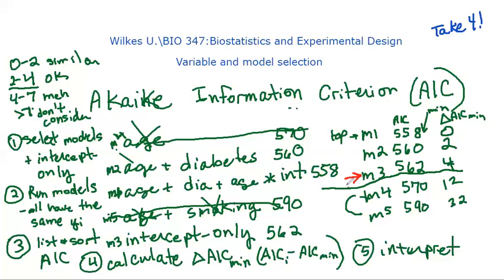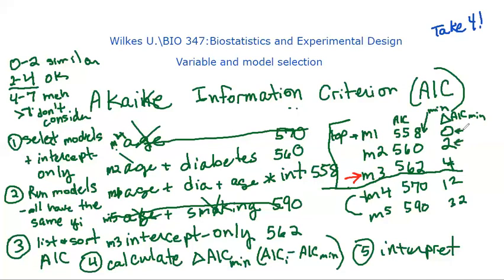So let's just remember this. Who is M1? M1 was age, diabetes, and interaction. And M2 was age and diabetes. So here's our top model.